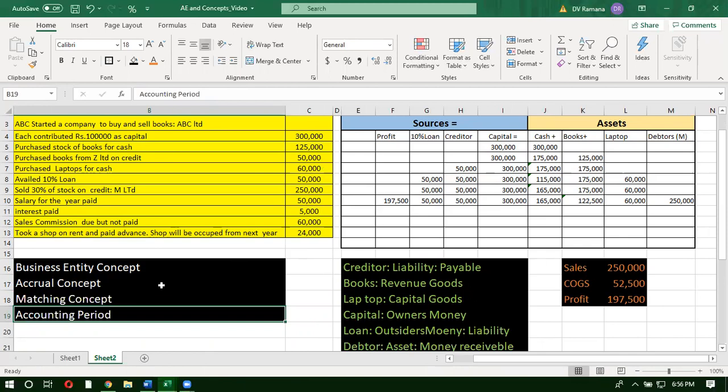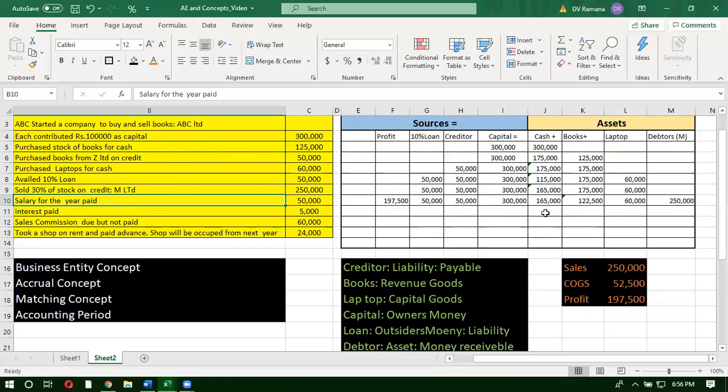Normally, for any company, we take the accounting year as 1 year. But a listed company is also required to show quarterly. Since it is specifically mentioned here, we are assuming that this information of ABC Limited is for 1 year.